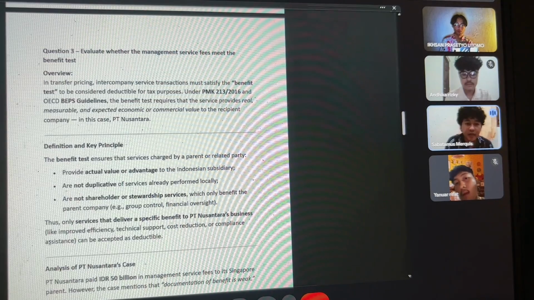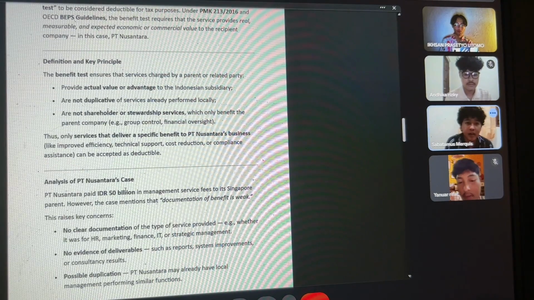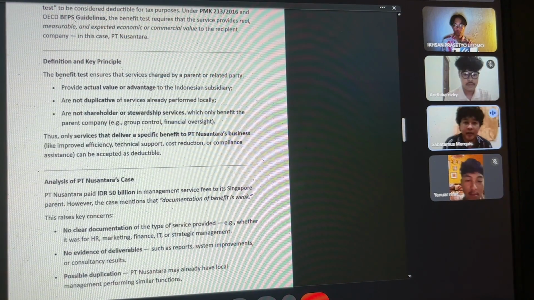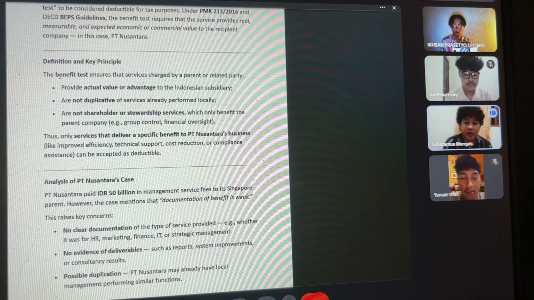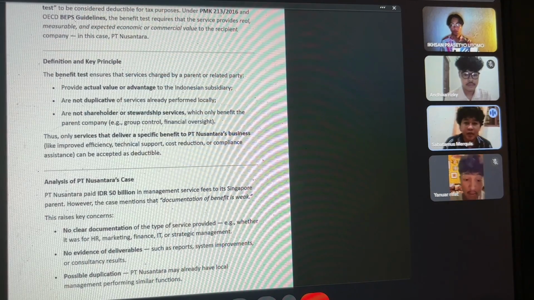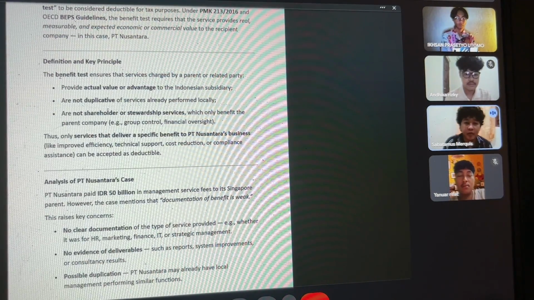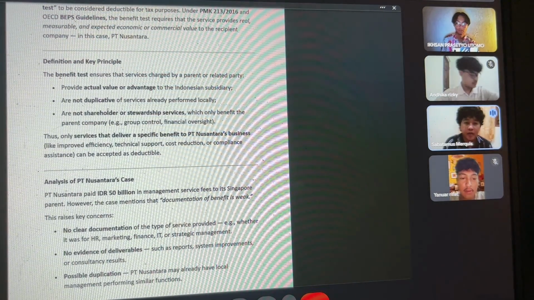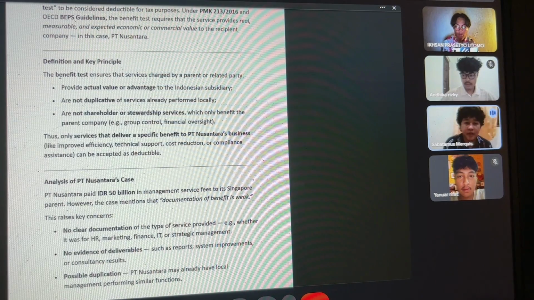In this case, PT Nusantara, the benefit test ensures that services charged by a parent or related party provide actual value or advantage to the Indonesian subsidiary, and are not duplicative of services already performed locally, and are not shareholder or stewardship services which only benefit the parent company.